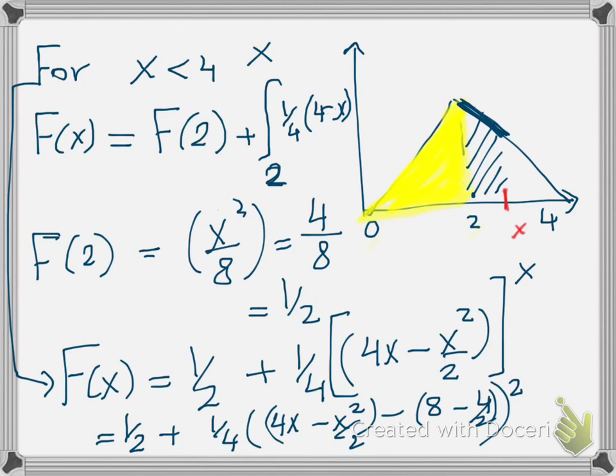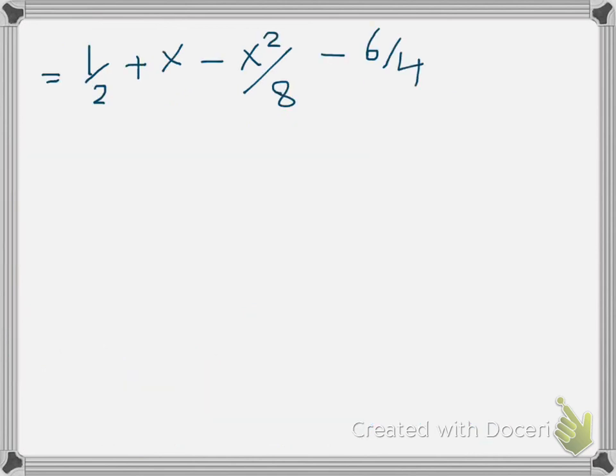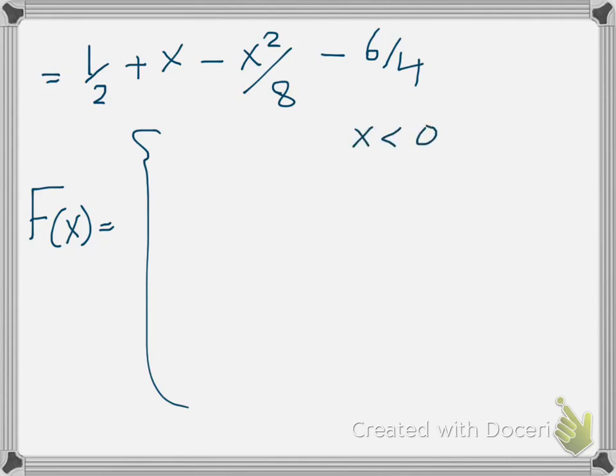So that is for the cumulative. Now we'll write the cumulative function. F capital of x, we'll write it in this way. When x is less than 0, the cumulative is 0. When x lies between 0 and 2, the cumulative was x squared by 8.